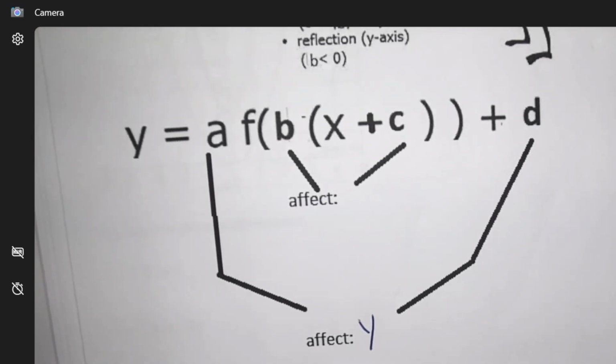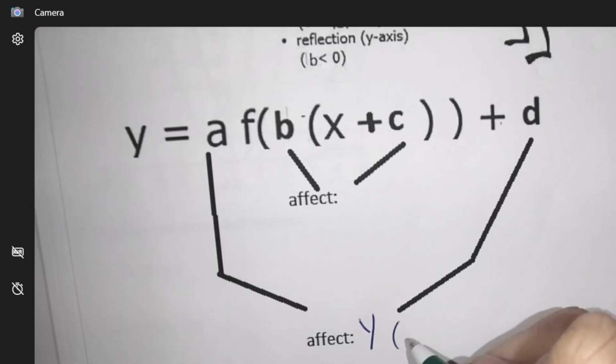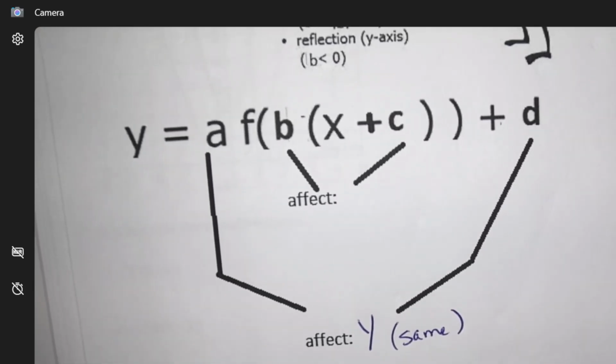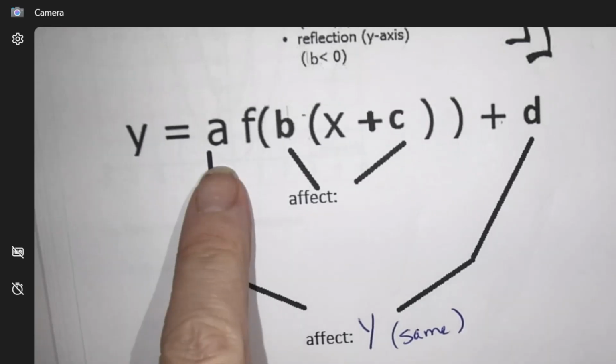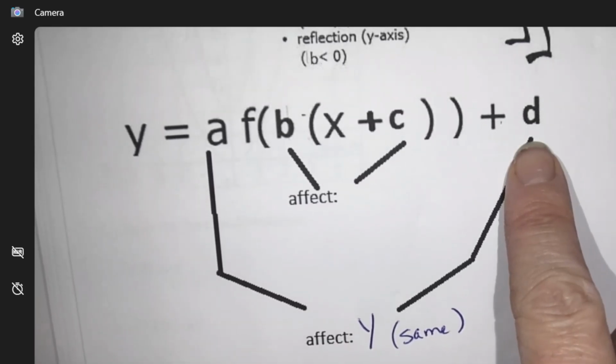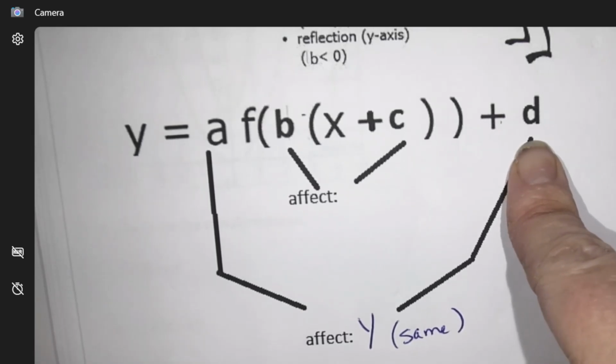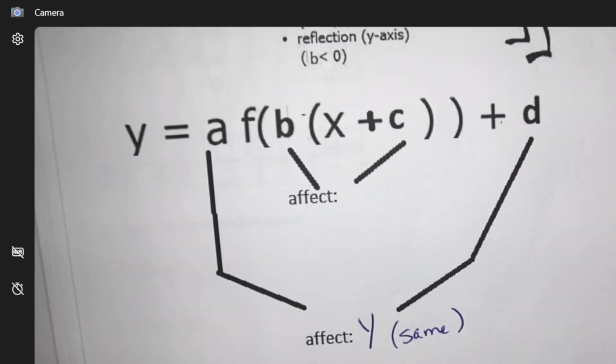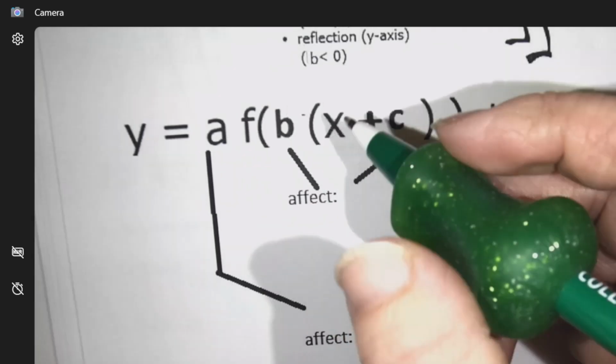And when things do something to y, they happen in the same way that you see them. So if this is a multiplier, it's making something bigger. If this is an adder, it's adding. It's moving up.